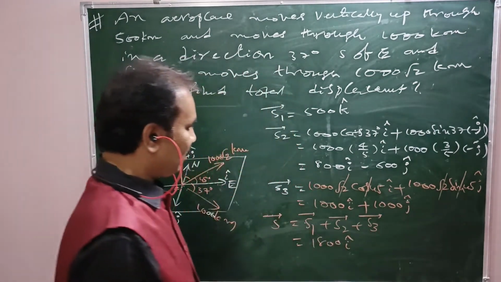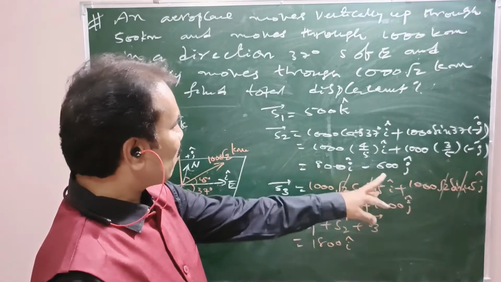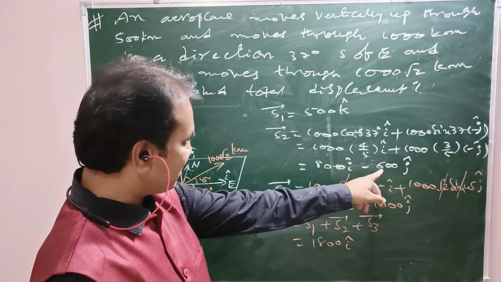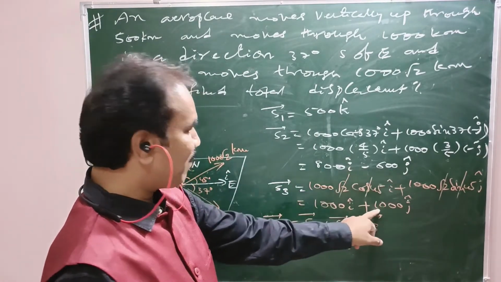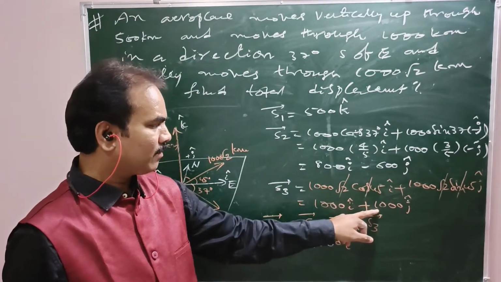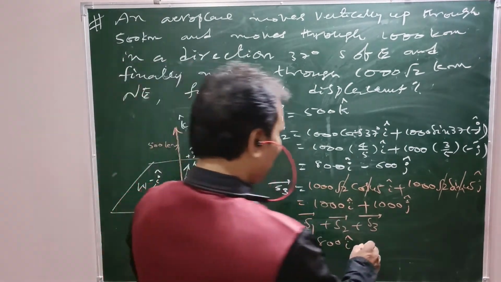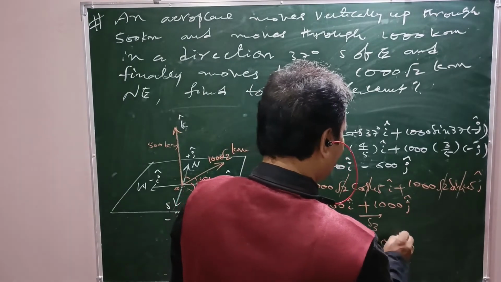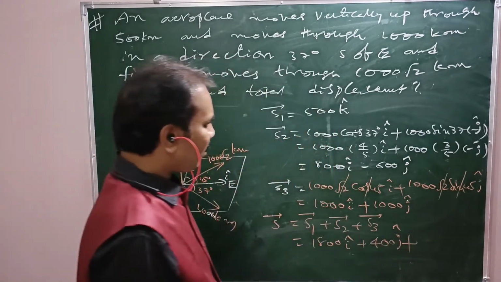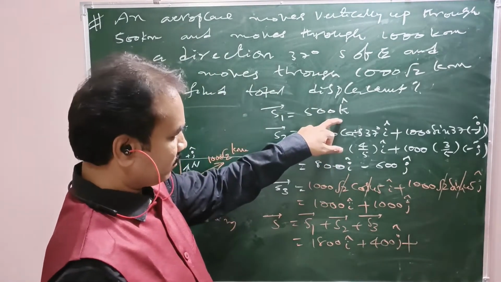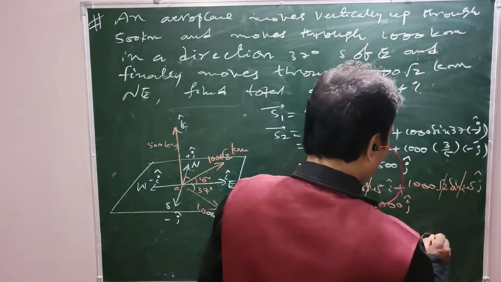Am I right? Next, coming to the y components: minus 600j plus 1000j is plus 400j, and we are left with 500k only, right? That is 500k.